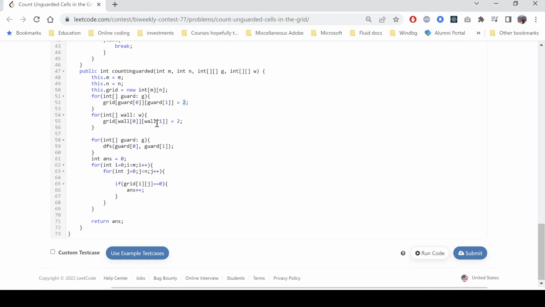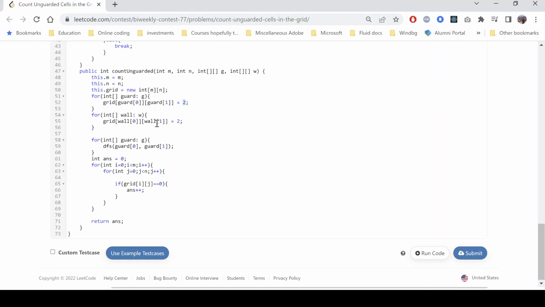This is done because when we start traversing the grid for every guard position, we have to mark the cells as visited. So we have used 1 to denote that this cell is visited, and a different number, 2, to represent that there is an obstruction and you can't move beyond this cell. So 1 means that cell is visited, but 2 means stop at this place.